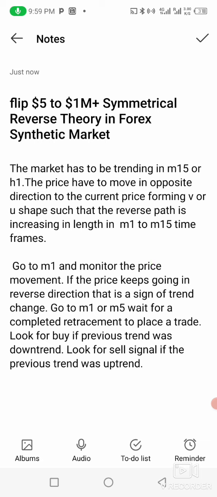Go to M1 or M5 and wait for a completed retracement to place a trade. Look for a buy if the previous trend was a downtrend, and look for a sell signal if the previous trend was an uptrend.